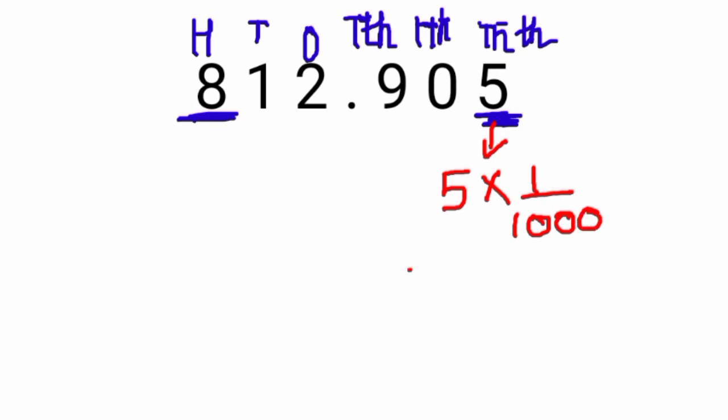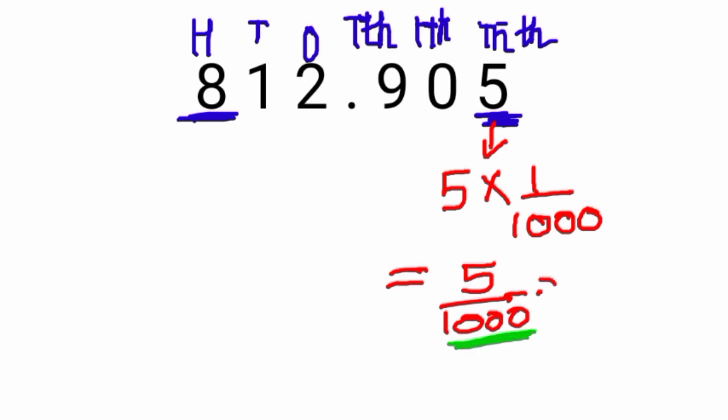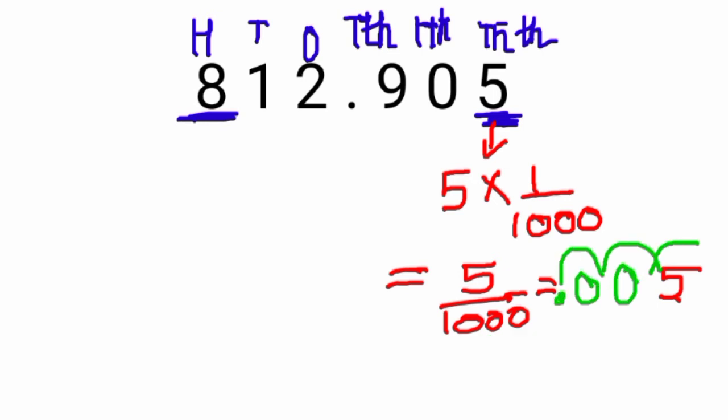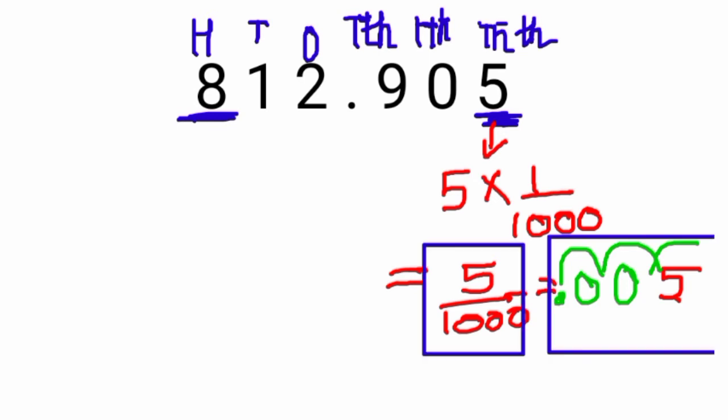So this is 5 ones are 5 upon 1000. And in decimal form this can be written as, in denominator you have 3 zeros. So put decimal before 3 digits. 1, 2, 3. This is right. So the place value of 5 in this number is 5 upon 1000, or you can write 0.005.